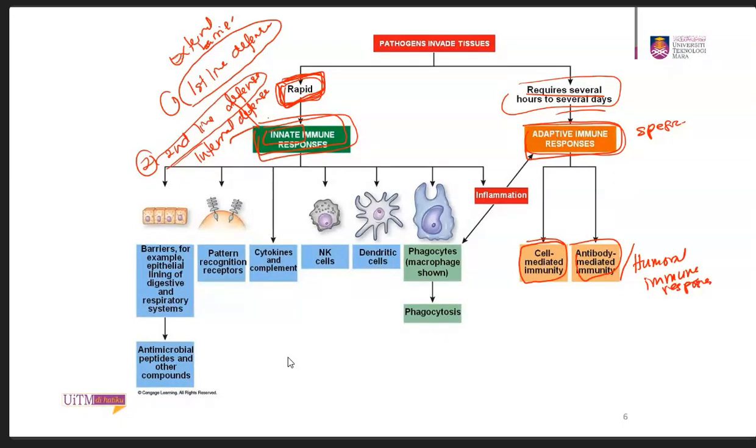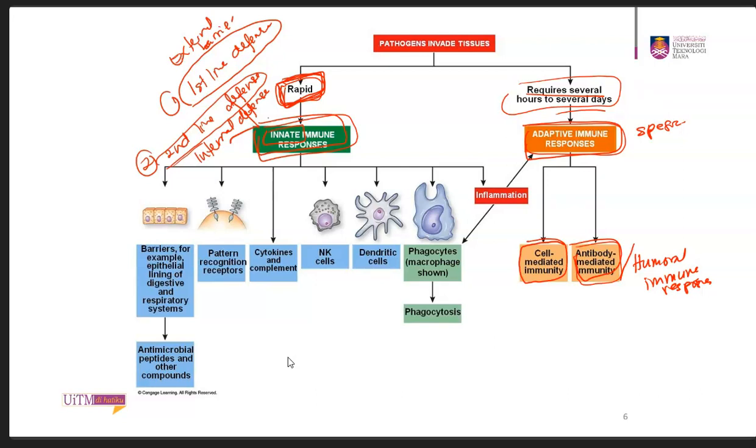Okay, kenapa ada dua istilah ni? Antibody-mediated immune response adalah daripada buku rujukan yang awak ada tu, which is buku rujukan apa, buku rujukan korang yang you all beli sekarang ni? Saya lupa nama dia. Do you have your reference book?